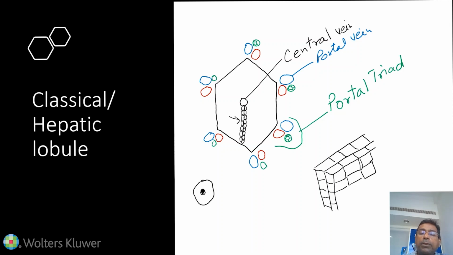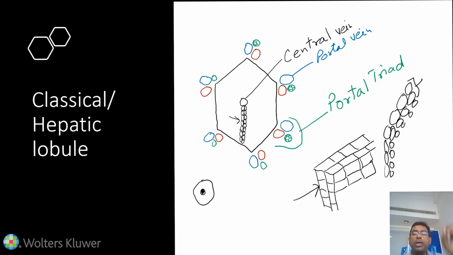Similarly, the hepatocytes are also arranged in plates like this, and they can be single celled or double celled as shown here. It will be more clear when you see the next slide.